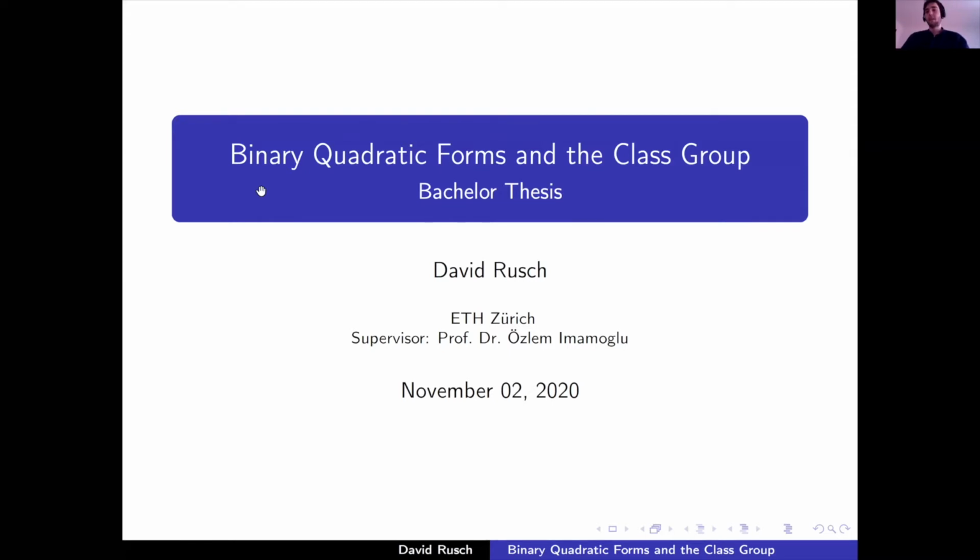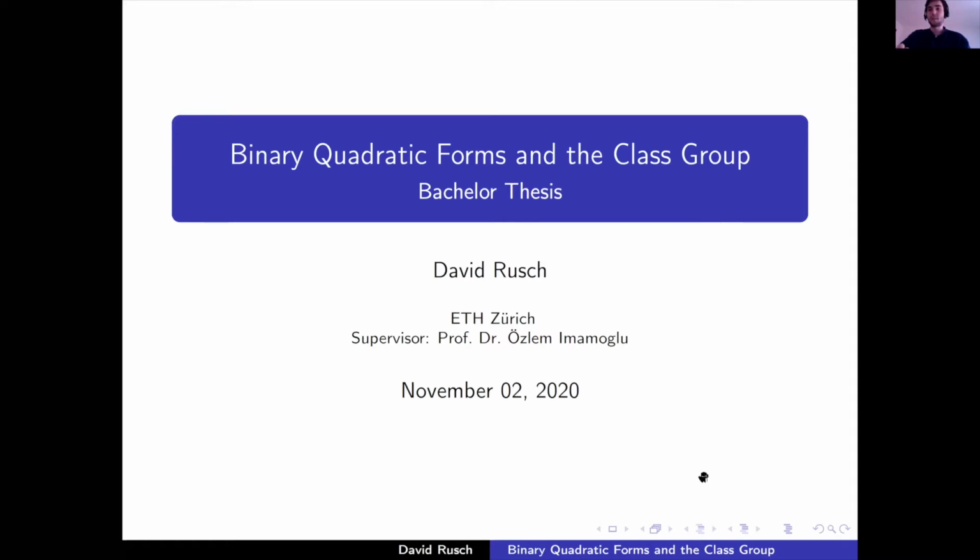The class group is quite an important number theoretic object, and this isomorphism provides a different way of looking at this group and some way to calculate certain things that would be quite difficult otherwise.